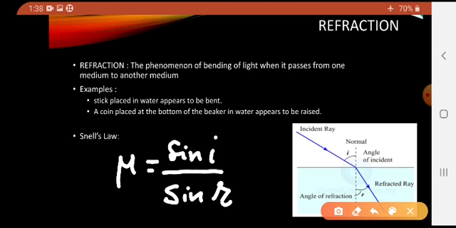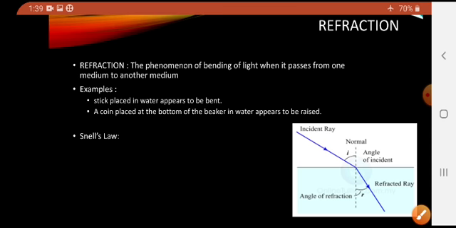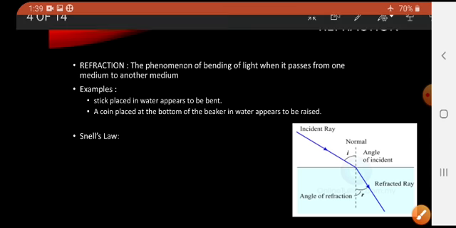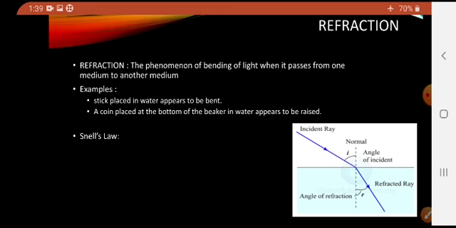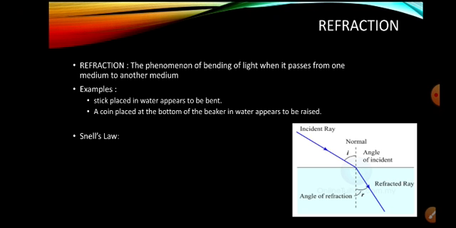So if the density of the medium is more, the light bends towards the normal because the velocity of light decreases with the density of the material. For example, you are moving on a highway, or you are going from here to your homes. If traffic is less, you will move fast.